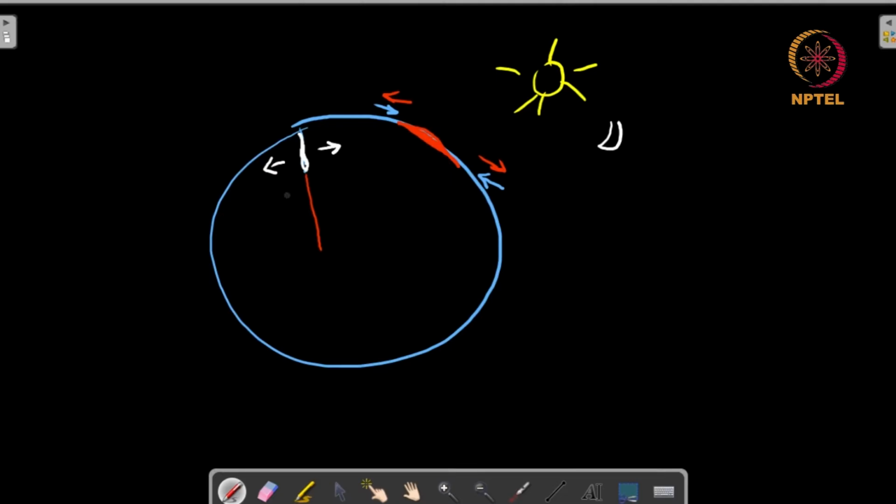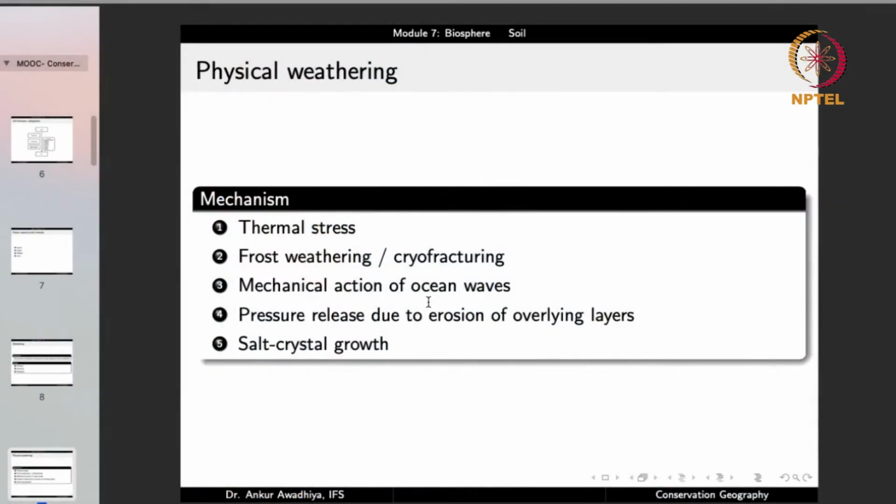And when this process goes on and on, because once you have the crack, then water can enter to a greater depth, which means that next time when it cools, then a larger portion will get converted into ice. So now we have a larger block of ice inside, which means there will be an even greater amount of force that gets applied, which means that you get an even greater crack. And in this way, the rock becomes cryofractured.